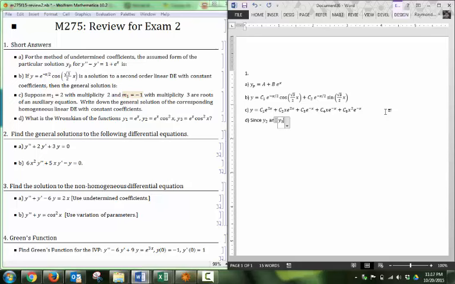So y2 and y3 are linearly dependent, and if that's the case, the Wronskian is going to have to equal 0.